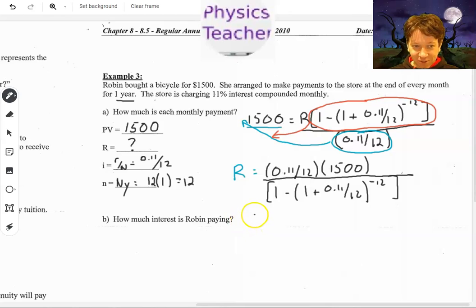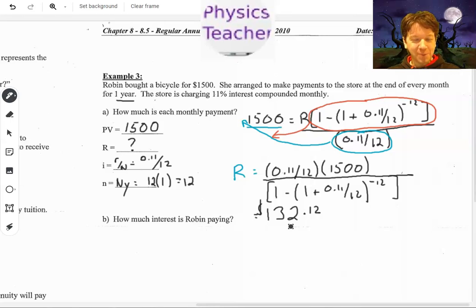And when we plug that into our calculator, we'll get something around $132.12. So you're going to be paying $132.12. Is that good or not?